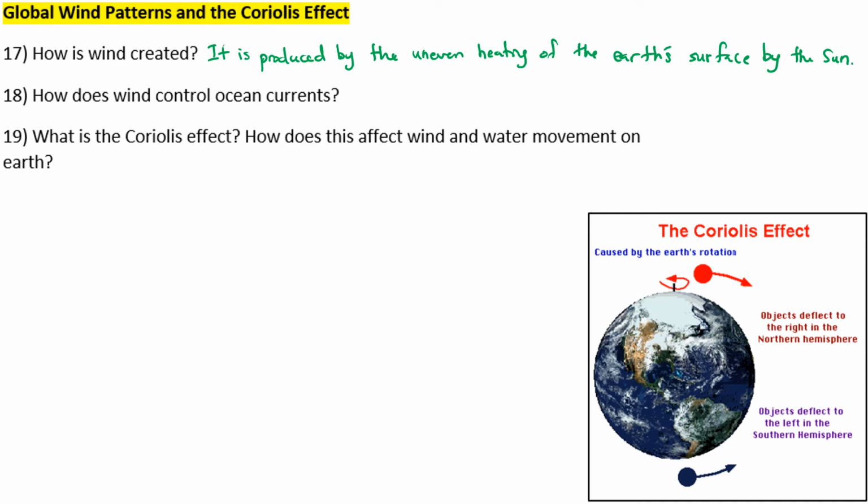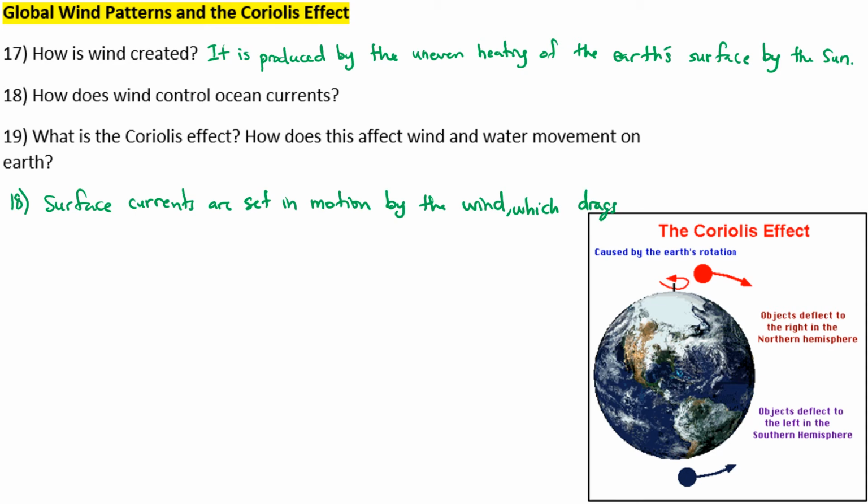Number 18. How does wind control ocean currents? So I'm going to write 18 right here for more room for my answer. These surface currents are set in motion by the wind, which drags on the surface of the water as it blows.